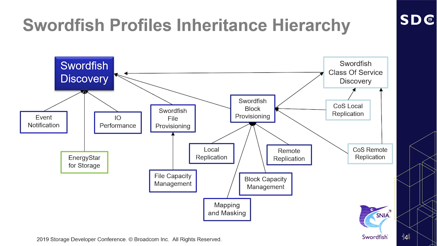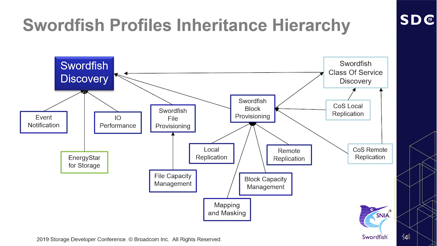Okay, so mapping and masking. Sorry, let me do this one. Block capacity management is also very simple. You need to be able to expand the capacity of volumes or file systems, depending on whether it's block or file capacity management. So again, those profiles are very tiny, but they correspond to that target functionality.